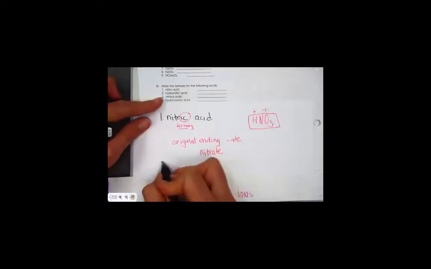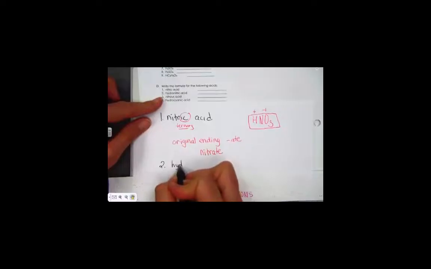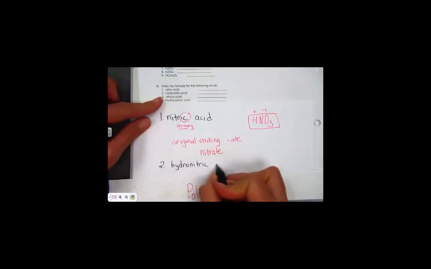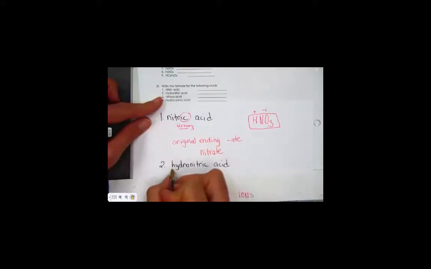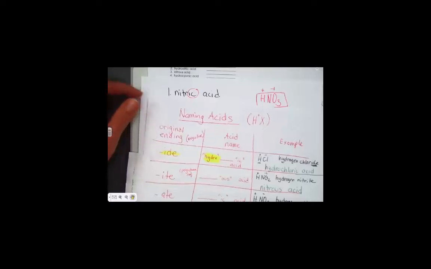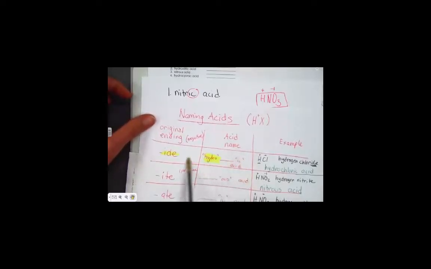Our second example says hydronitric acid. Work backwards. Hydro root word "ic" acid. Notice here that it must be binary.